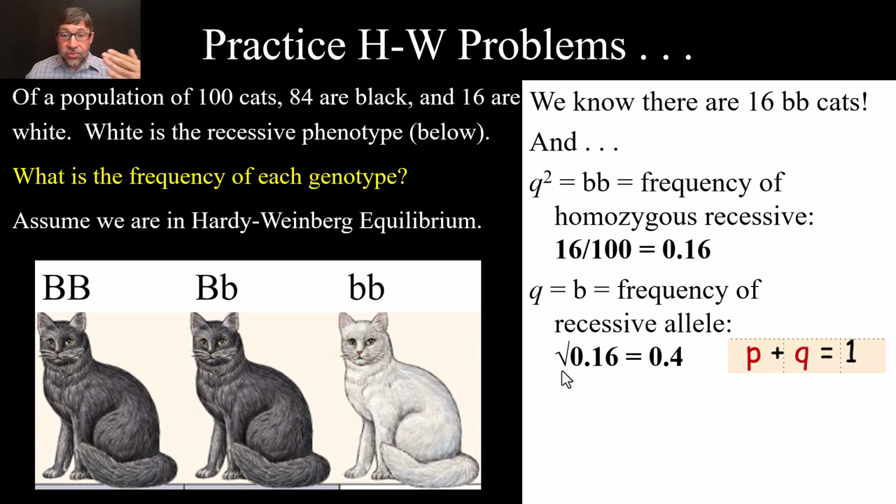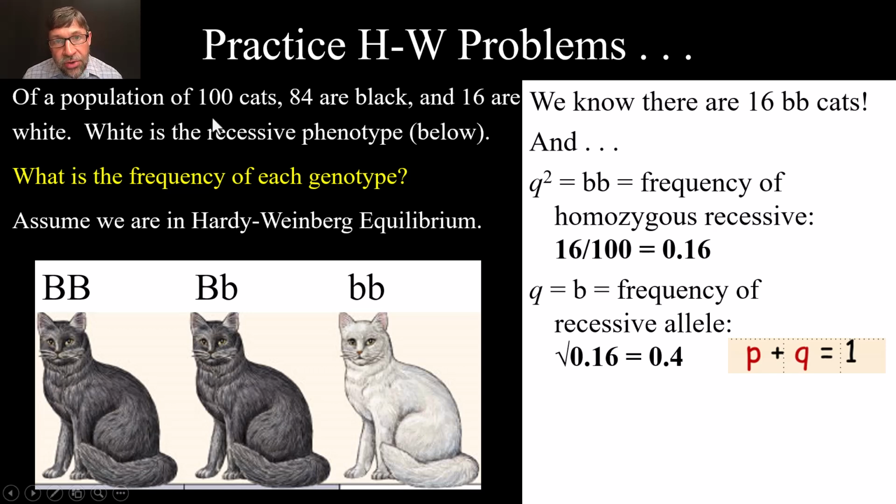And so in order to go from Q squared to Q, all we have to do is take the square root of Q squared. The square root of 0.16 is 0.4. This is a little bit confusing, but remember, when you take a square root on a decimal, the number is actually going to be larger, okay? So what this is saying is 0.4, or 40% of the alleles in this gene pool are little b.